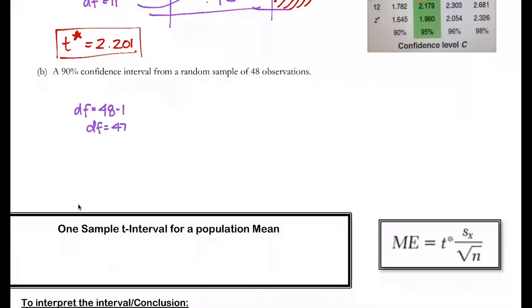You'll notice that there's no 47 on there for degrees of freedom. So we're going to have to go to a more conservative value. We're going to use 40 instead of 50 because we don't know it's quite 50, so we round down. That will always be the case. You're not going to round to the nearest 10. Always round down. So we're going to use DF of 40.